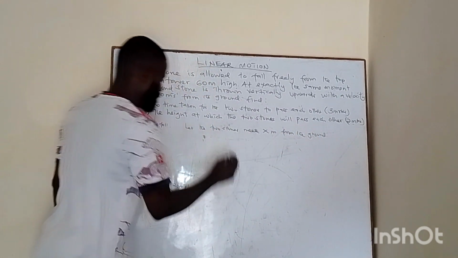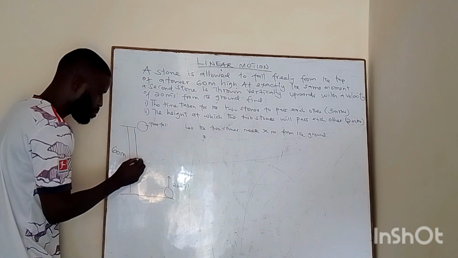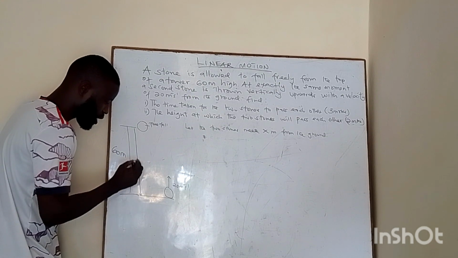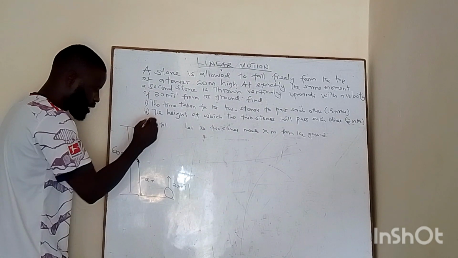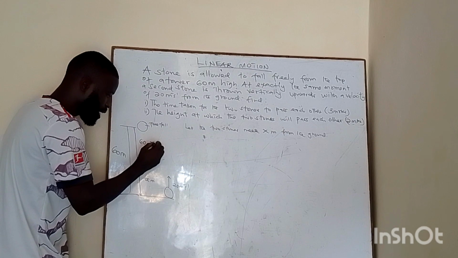That is my first approach. So I'm going to assume that these stones are going to meet at a point like this. This is the meeting point. From the meeting point to the ground, we have x meters. So the remaining distance from the meeting point upwards is 60 minus x.